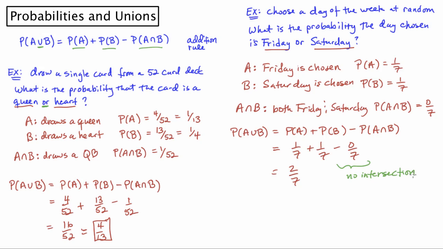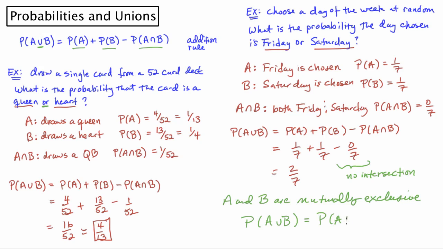Anytime that's the case, the events you're looking at are mutually exclusive. And if the events you're working with are mutually exclusive, then the probability of A or B happening is just the probability of A plus the probability of B. In other words, there's no reason to subtract off the overlap because there won't be one.